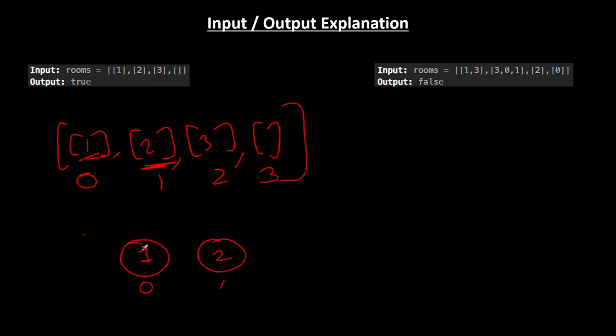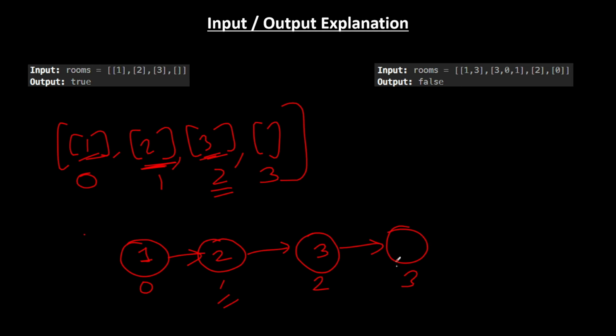Room 1 has key 2. So that means that from 1 you could go to 2. At room number 1 you have the key of room number 2, so you could go from room number 1 to room number 2, which has the key value 3. It has key value 3, which means that it can go to room 3.